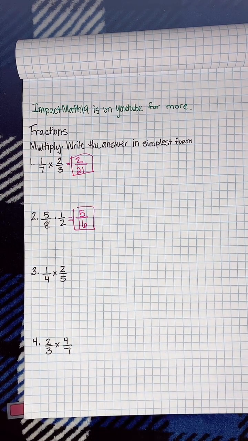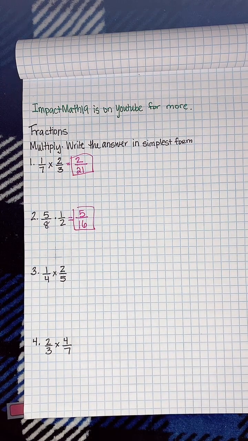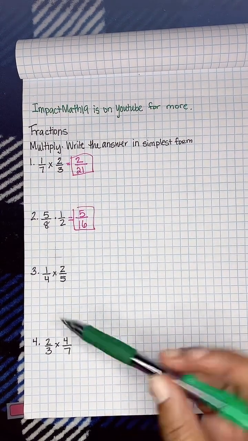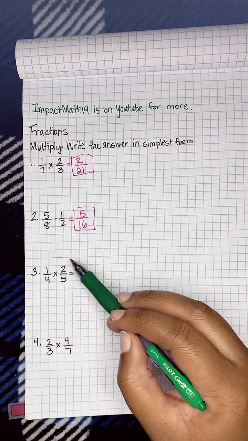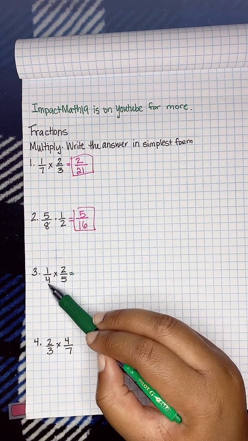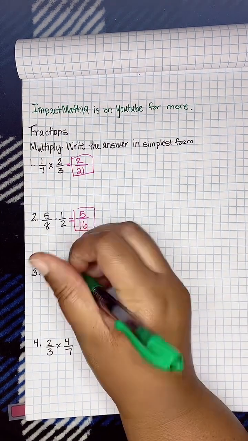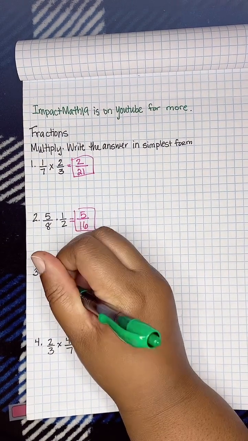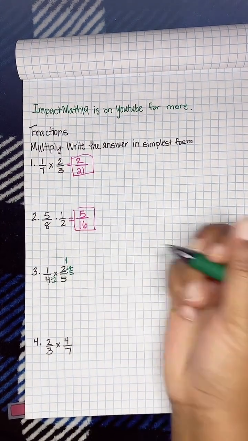If you can get in the habit of cross cancellation, it will save you a lot of headache trying to simplify later. So what do I mean by that? What I mean by that is if you have a 2 here and a 4 here, 2 goes into both of these. So we can divide this by 2 and we can divide this by 2. So 2 divided by 2 goes 1.